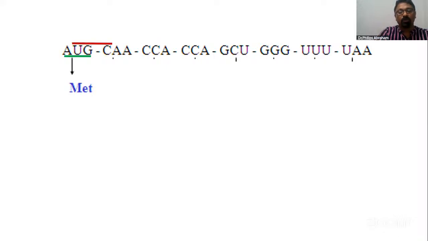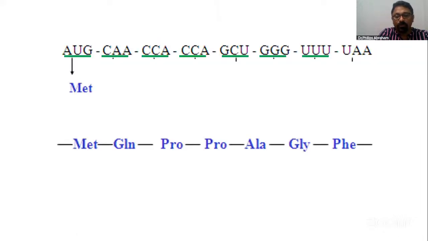Now go back to this one. Then one more. This is how it comes: CCA, proline; GG, glycine; UUU, phenylalanine.